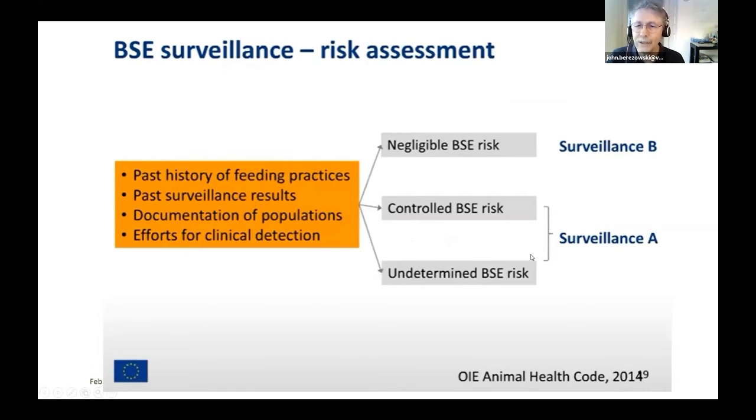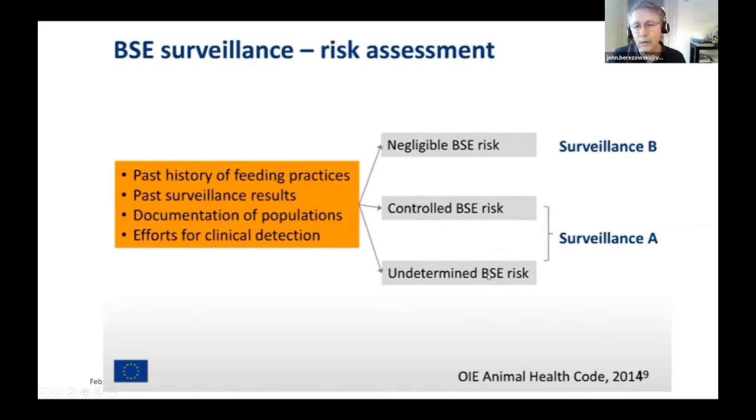So surveillance A for controlled risk, that is where you have some cases, but you haven't got good enough surveillance, and you've fed prions, fed meat and bone meal to your cattle in the past, you would enter into the controlled risk.